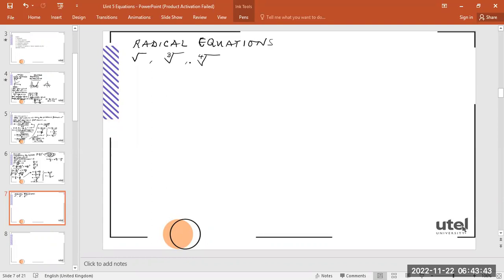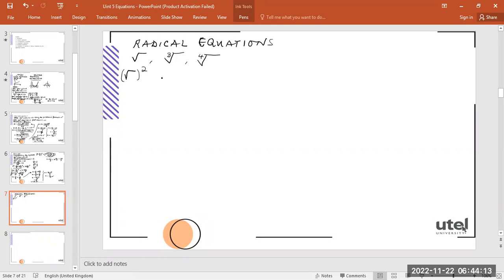And usually when we want to solve a radical equation, we try as much as possible to see how we can get rid of the radical in the equation. We get rid of the square root by squaring, and the cube root by cubing. In other words, if the equation consists of a square root, we get rid of it by squaring.